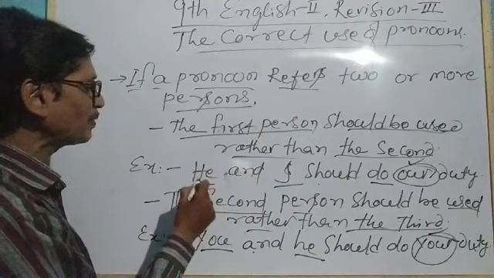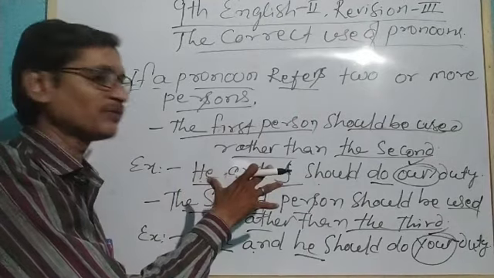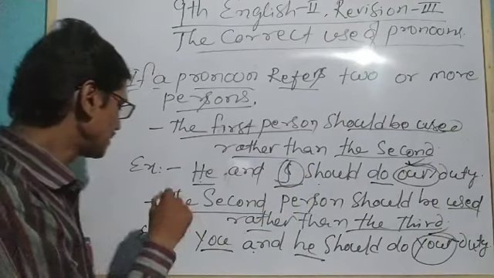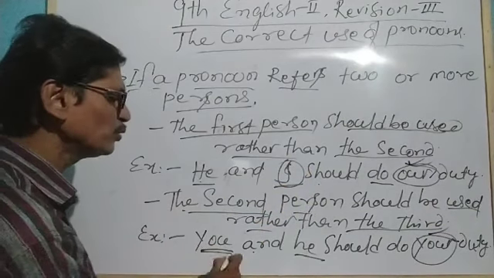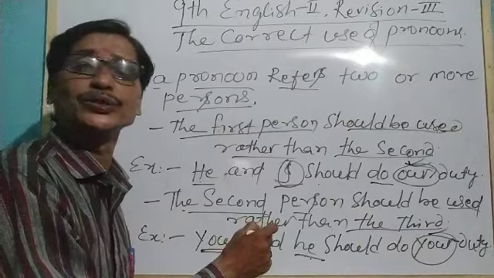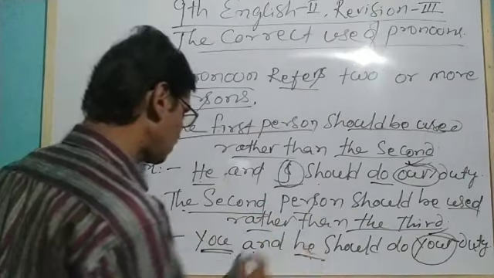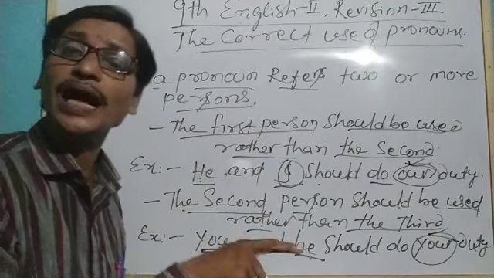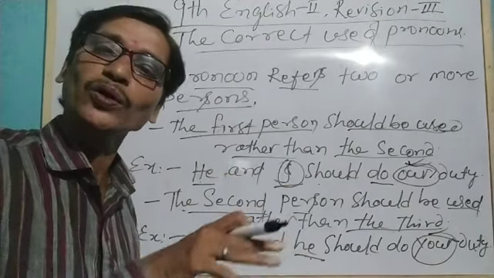Here in the example, he and I, two persons given, and the pronoun referred over here to the first person. Similarly, here you and the second and third person is used. Here the pronoun refers to the second person, you, not to the third person. This is the rule. You know that.